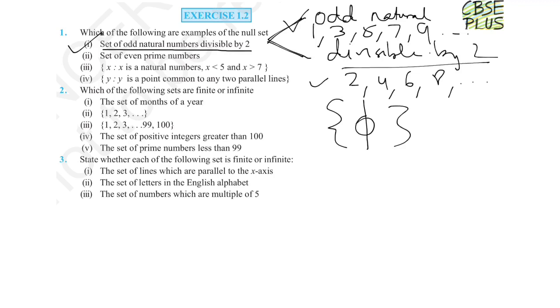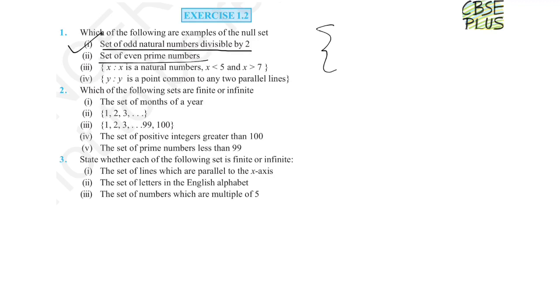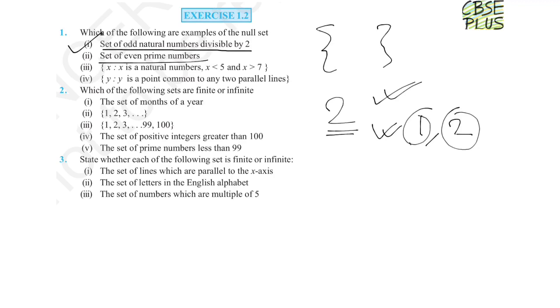Next example is the set of even prime numbers. So we have to find a number which is both even and prime. 2 is a number which is even, like 2, 4, 6, divisible by 2, and at the same time it is also a prime number because the factors of 2 are 1 and 2, and the number has only 2 factors including 1, so it is a prime number.